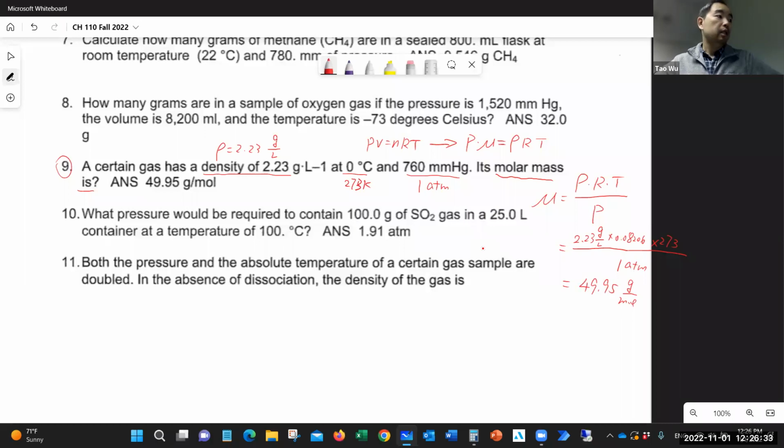Next time we will do some practice on those gas laws, and in the next lecture, we will continue talking about how to use the ideal gas law equation to solve problems.